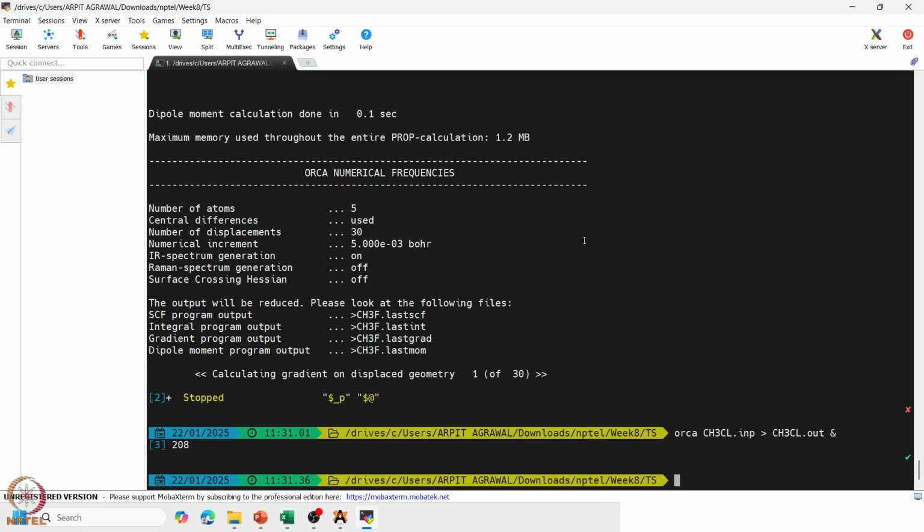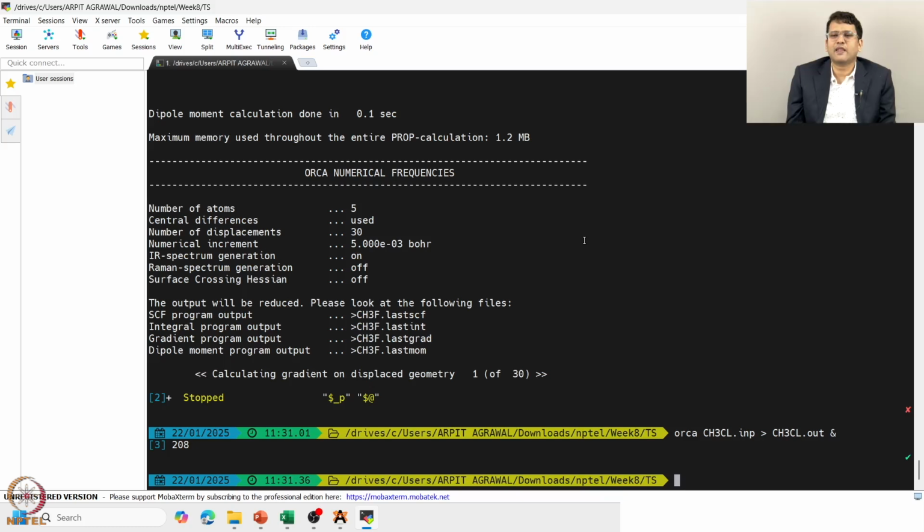So this slows down most of the jobs. In most cases, it is not a good idea to run more than one job together, and it will also heat up your laptop. But sometimes we get impatient and we run more than one job. In high performance clusters, there is generally a dedicated cooling facility which will cool down the cluster, so the heating will not be so much of a problem.